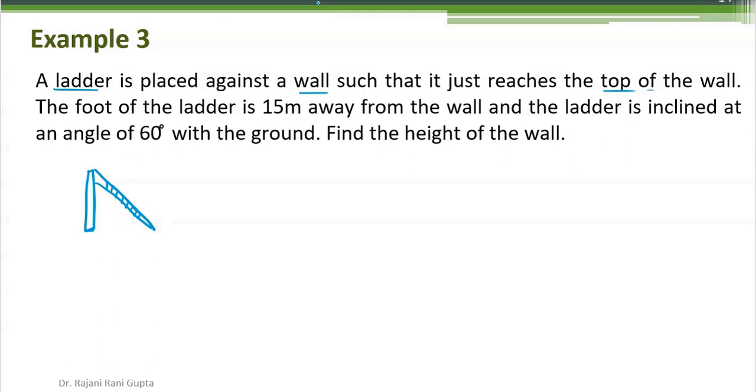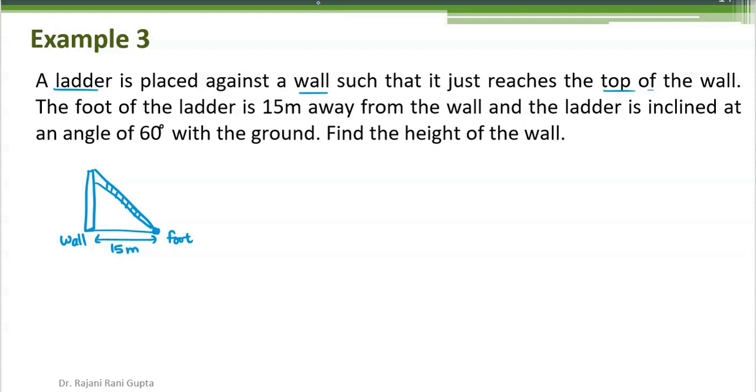Let's draw the horizontal line. This is the ladder, this is the foot. The foot of the ladder is 15 meter away from the wall. This is the wall, so this distance is 15 meter.